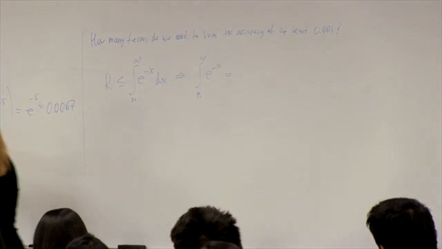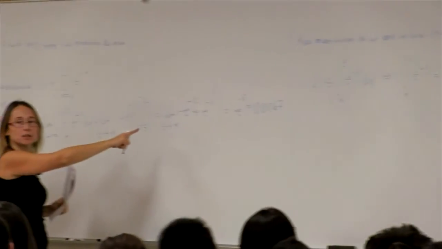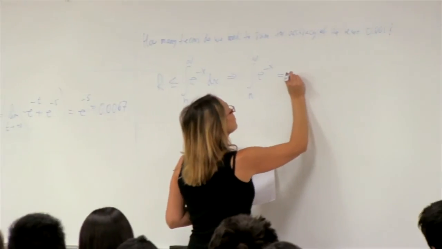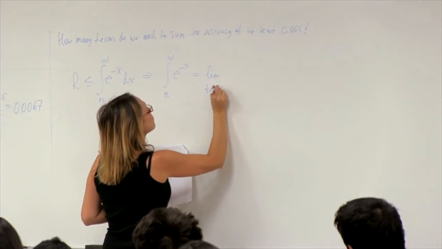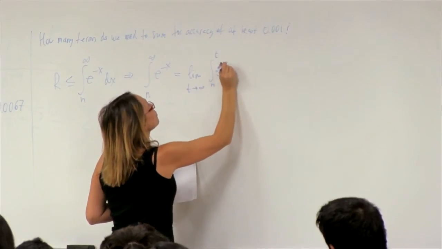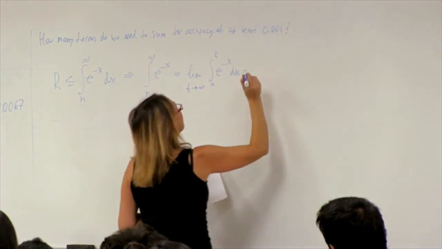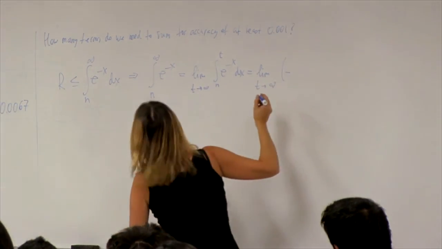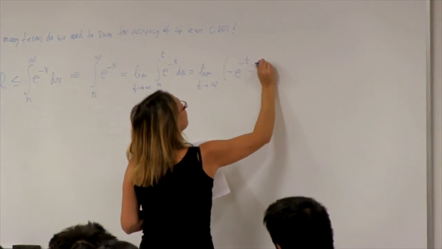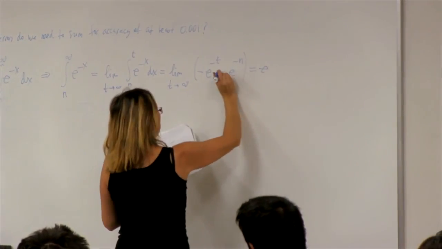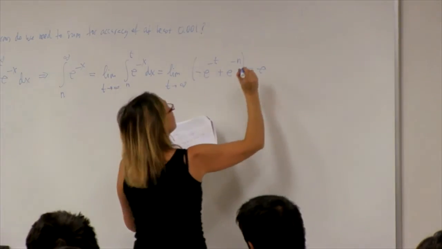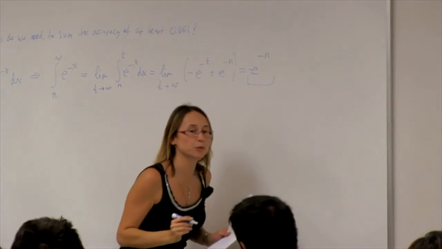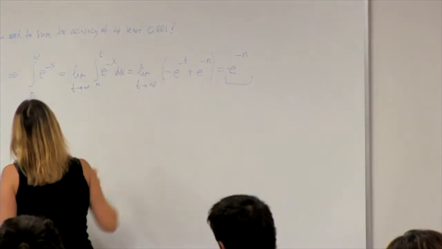I can repeat exactly this computation, but instead of 5, I have n. So this is equal to... okay, this is an estimate of my remainder, and I want this quantity to be less than 0.05.